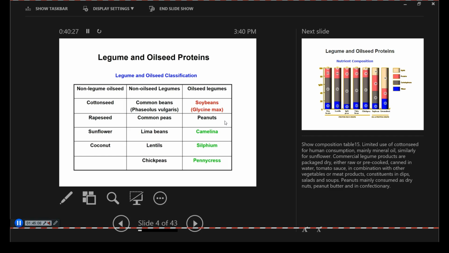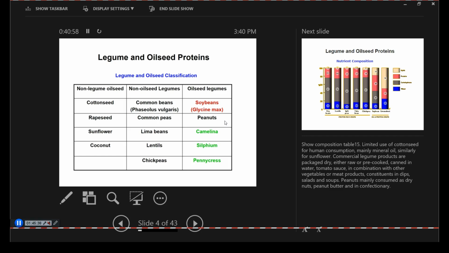Oilseed legumes, soybeans and peanuts. Forget that I have this here. They fall under the legume category, and they are oilseeds because they're high in oil, in protein, in fiber, no starch. Camelina, Silphium, and Pennycress are mostly weed crops.